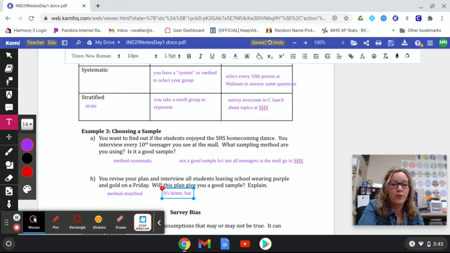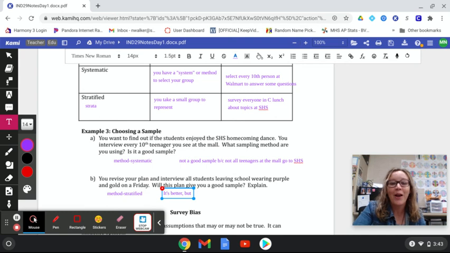Who wears purple and gold on Fridays? From what I can see, cheerleaders, Arrowettes, football players, basketball players, softball players tend to wear purple and gold on game days. Those people are usually involved in student activities. So if they're probably planning those activities, good chances are they're going to have a good time.